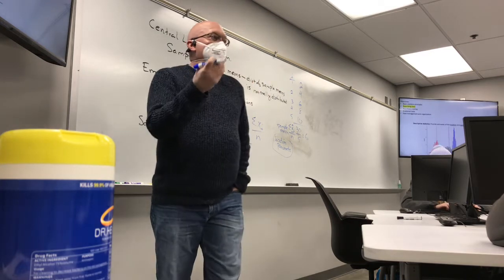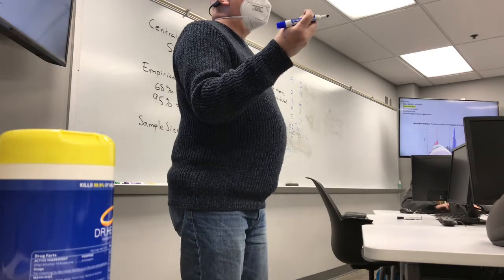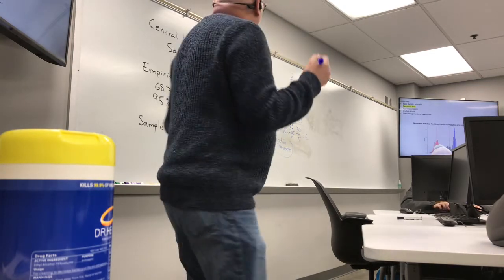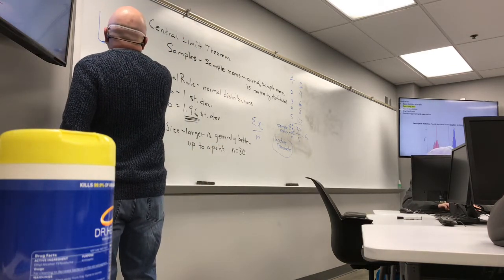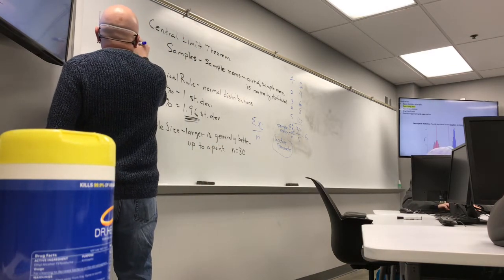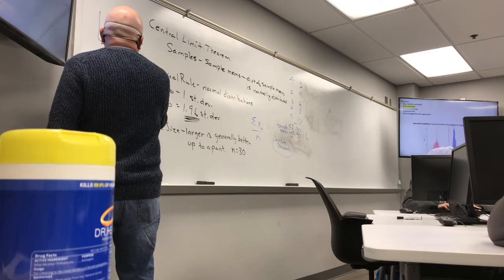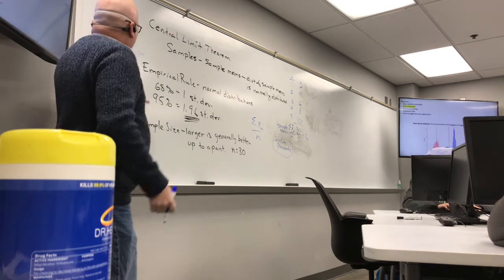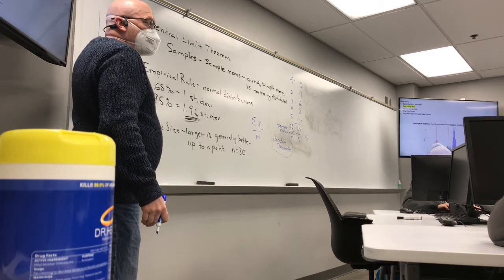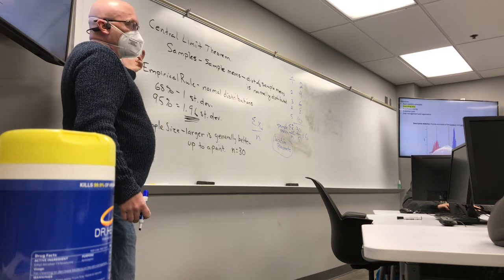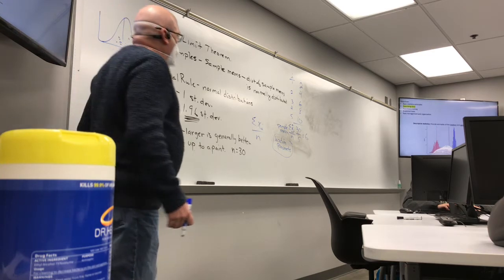What we need to know now is how big is that neighborhood? We're in theory trying to estimate the population mean by taking some samples to generate a sample mean. The sample mean is an approximation of the population mean. It's in the neighborhood of the population mean. Now we need to know how big is the neighborhood that we're looking at.